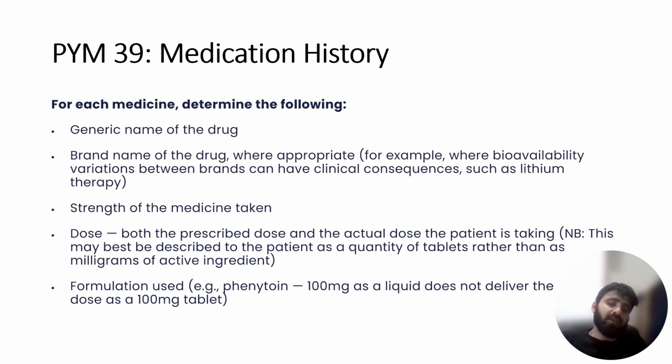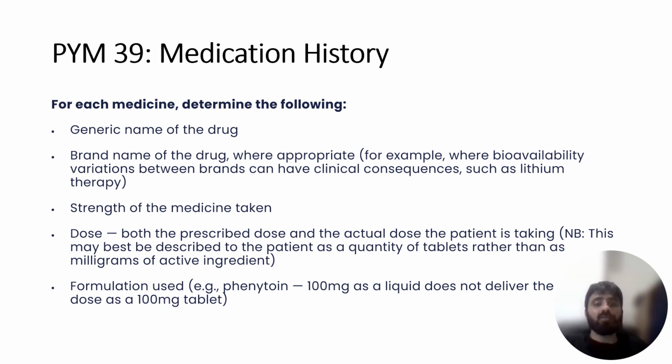So for each medication you need to establish the generic name of the drug and the brand name, in case they are taking some medication where availability variations between brands can have clinical consequences, such as lithium therapy. You need to make sure what strength of the medicine the patient is taking. You need to make sure of the dose, both the prescribed dose and the actual dose the patient is taking.